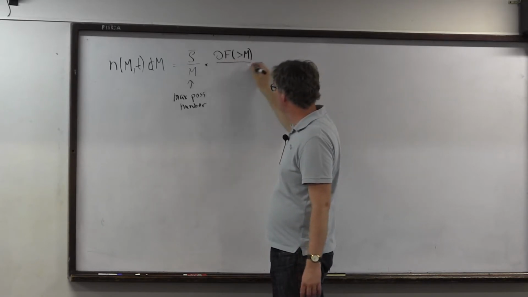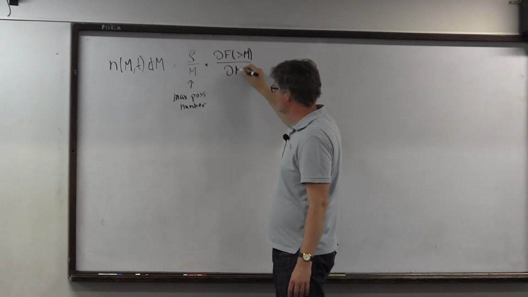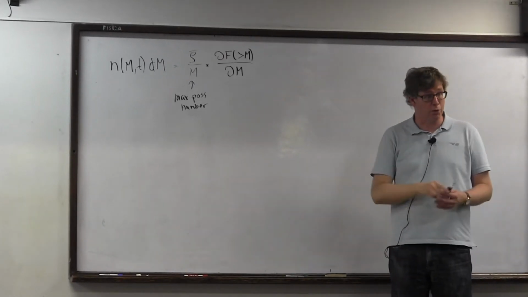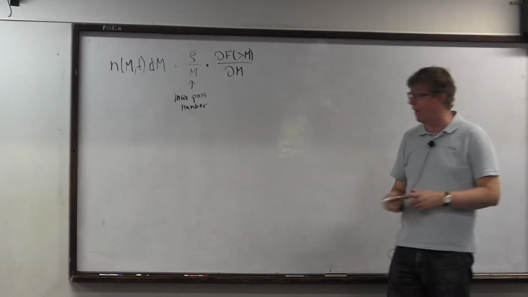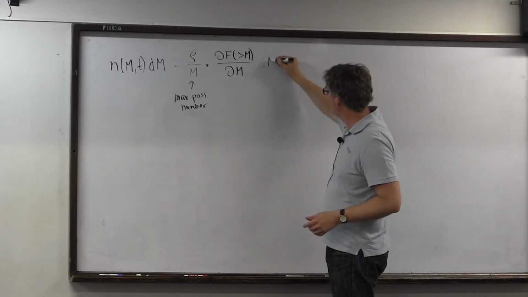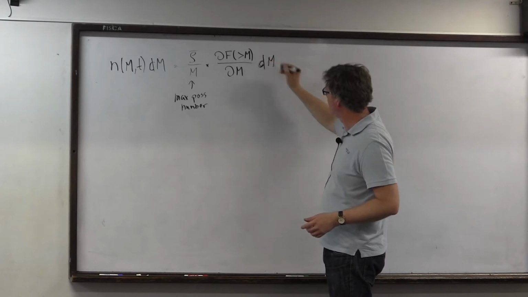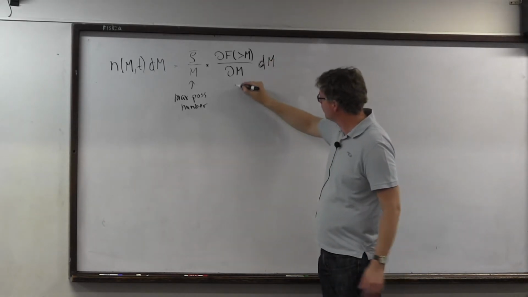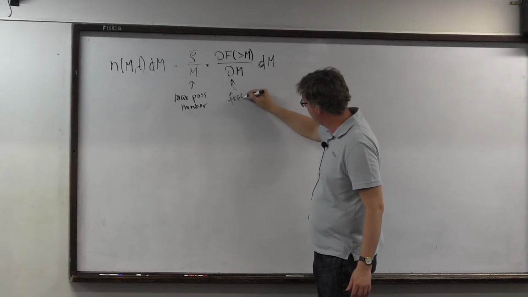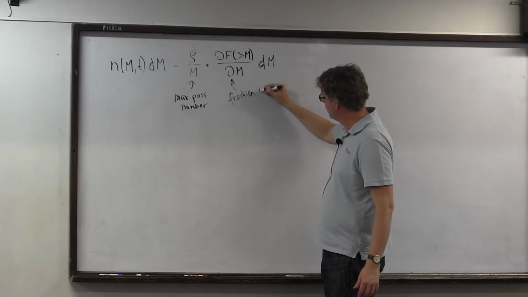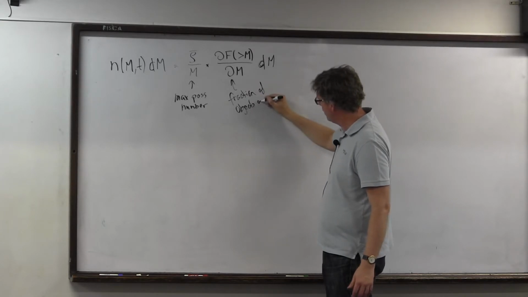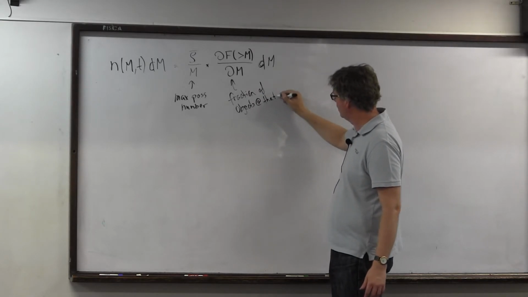So that's the number of structures greater than mass m. But I don't want all of them, I just want the ones in a small range of dm. So that's the fraction of objects at that mass.